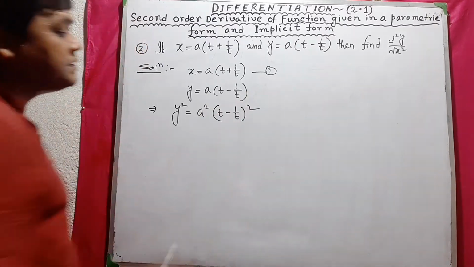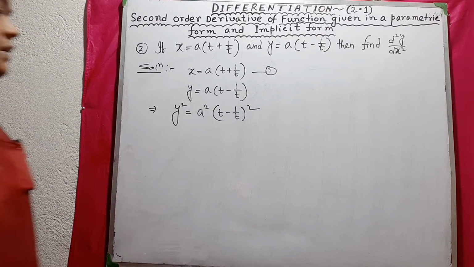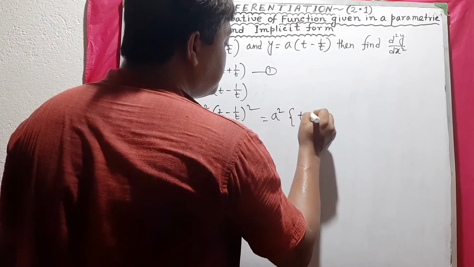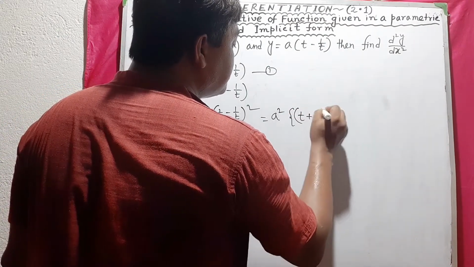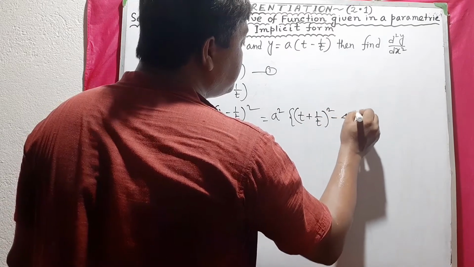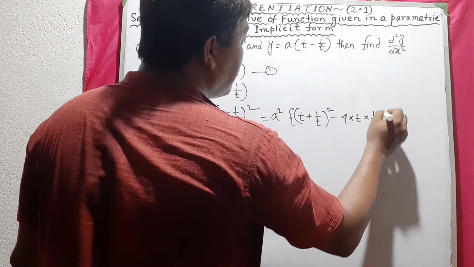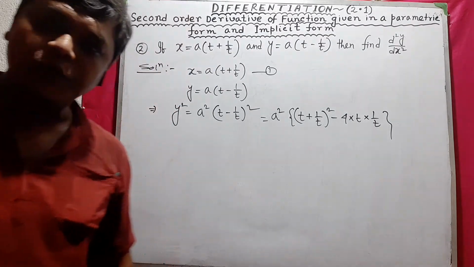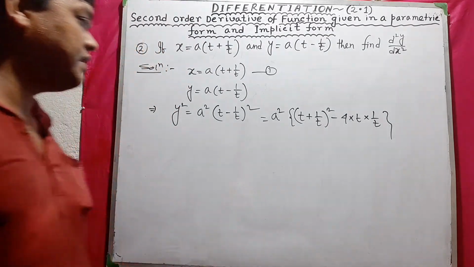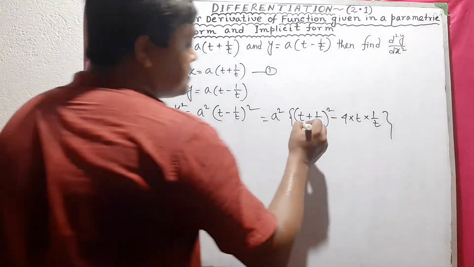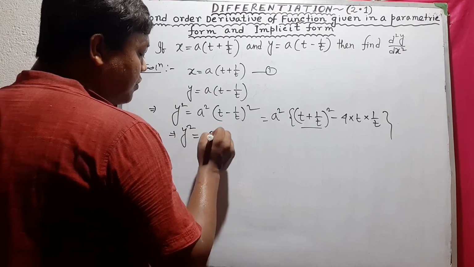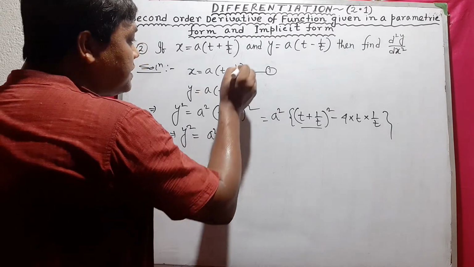We can write down easily a squared into t plus 1 by t whole squared minus 4 into t into 1 by t. How? You know that a minus b whole squared equals a plus b whole squared minus 4ab. So y squared equals a squared into t plus 1 by t squared minus 4.